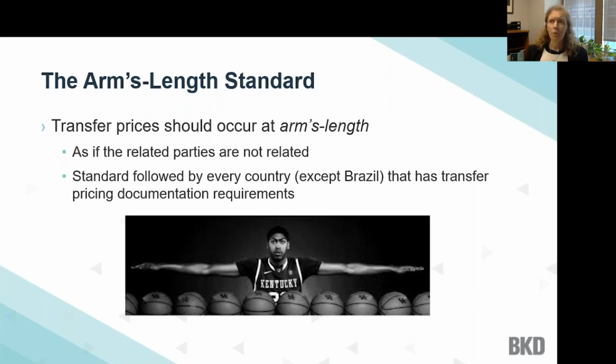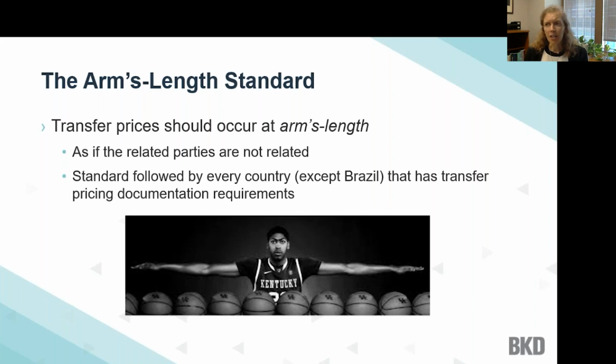So you're trying to demonstrate to the tax authority that there's no funny business, no advantages that you're giving to, in the example I just gave, your UK distributor because they're a related party. You're all part of the same corporate organization.